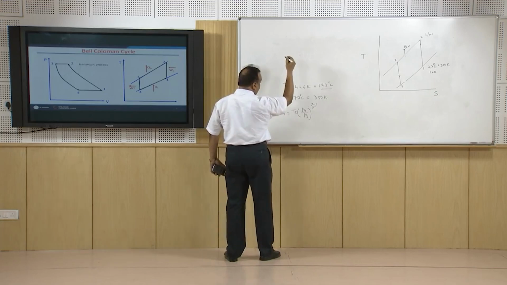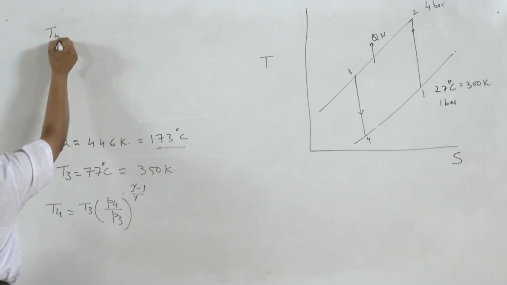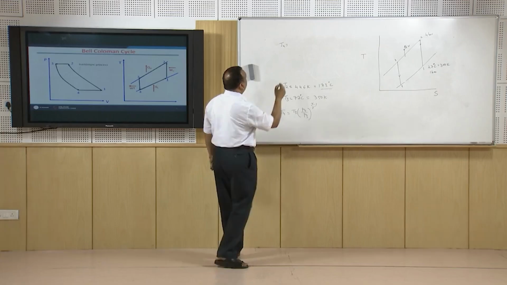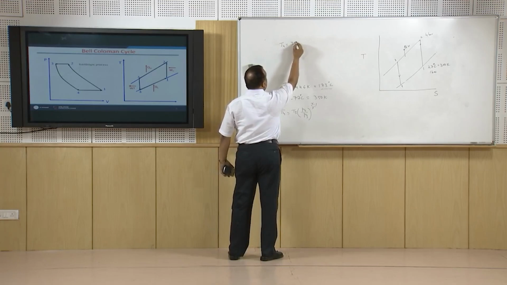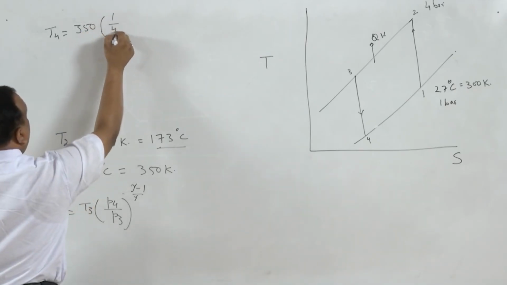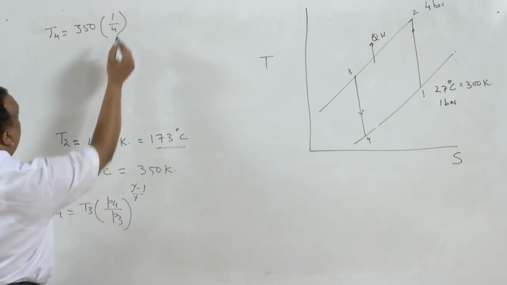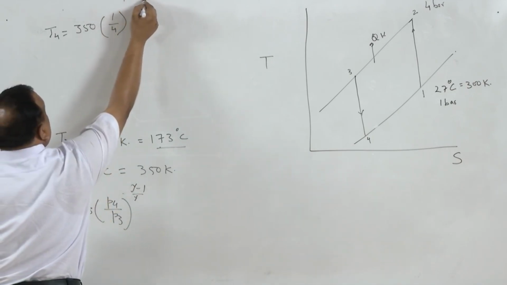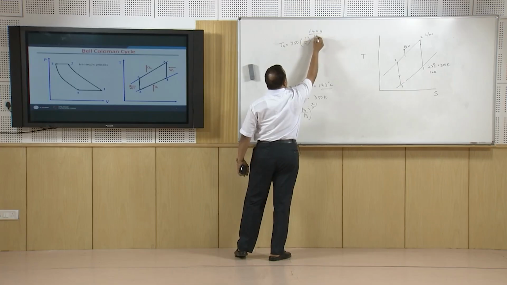Now, T3 is 350 Kelvin, and P4 by P3 is 1 by 4, and gamma is 1.4, so 0.4 divided by 1.4.